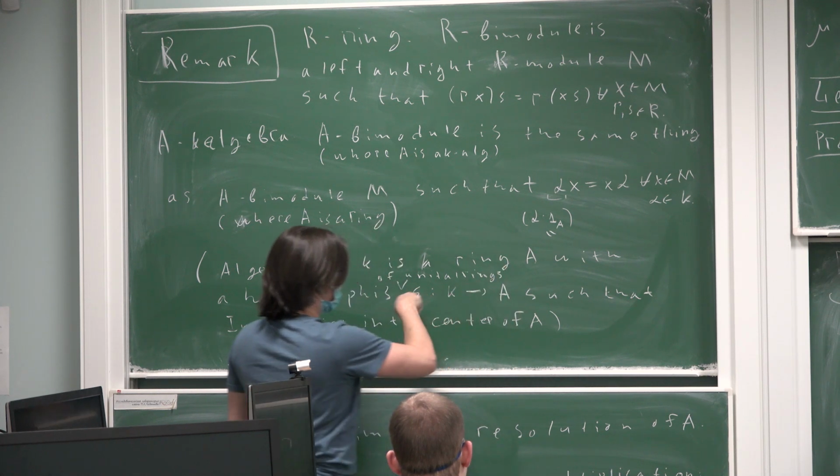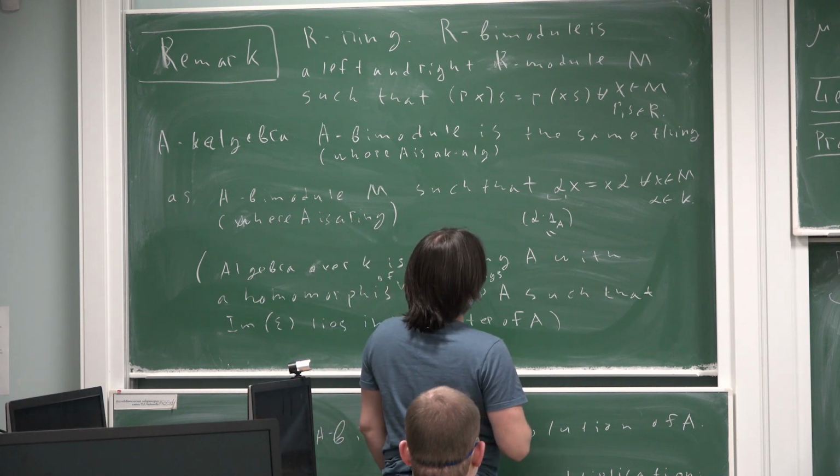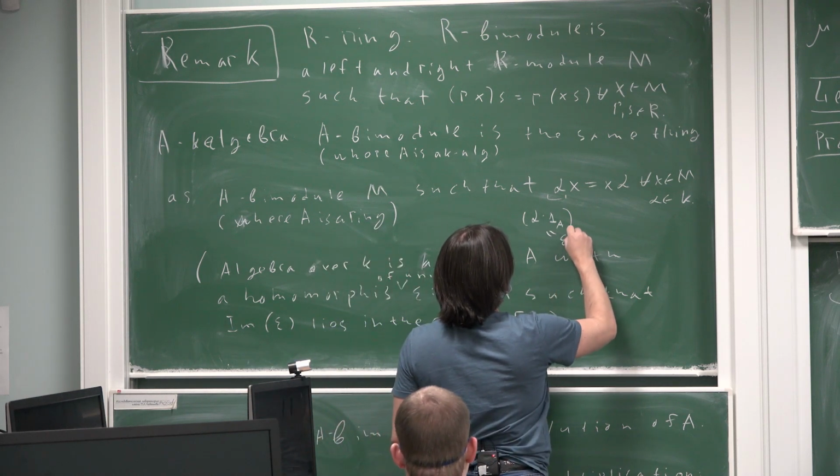So it sends the unit of K to the unit of A. So it's the same thing as epsilon of alpha.